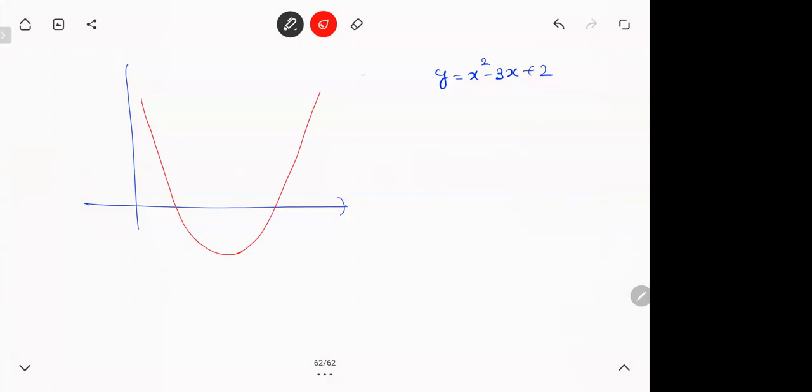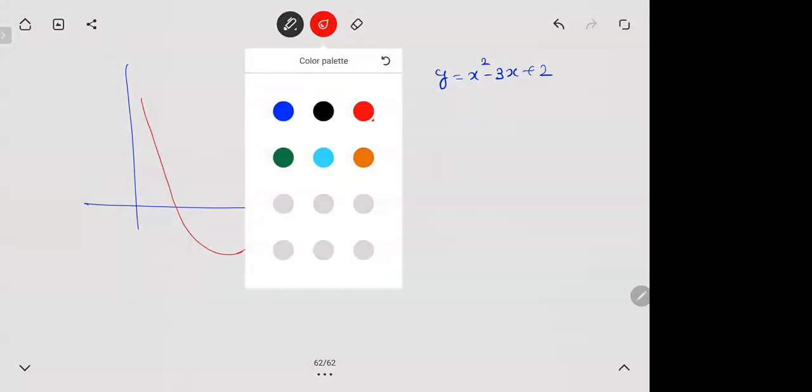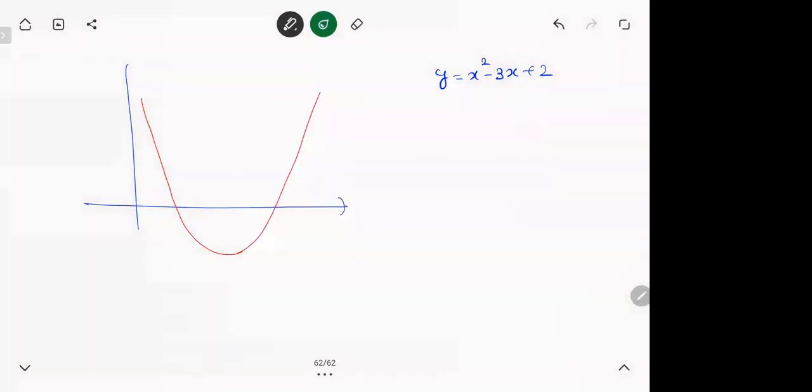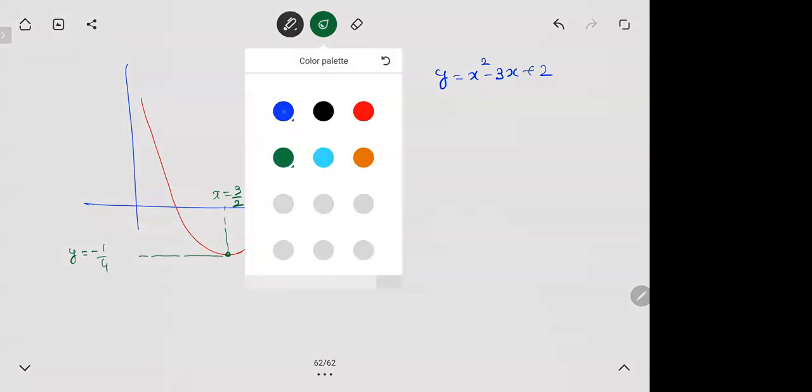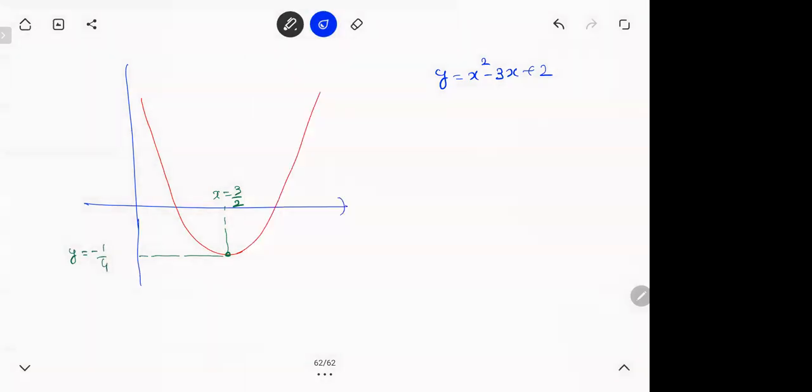Getting it? This is the graph for this y. And if you see, this is the minima point. And this is occurring at x is equal to 3 by 2. Got it? And this minimum value is y is minus 1 by 4. That is what the function is trying to tell you.